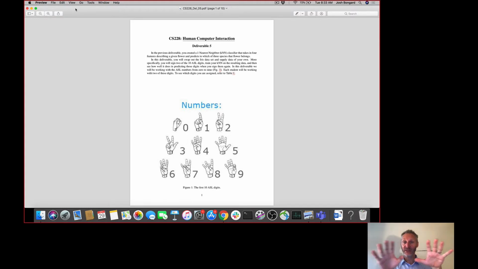Basically the focus of Deliverable 5 is integration. This is when you're going to start to sign ASL digits, and you're going to be feeding those 120 numbers from a potential sign into your KNN, and it is going to produce as output an integer in the range 0 through 9, which is the KNN's prediction of which of the 10 digits is currently being signed over the device.